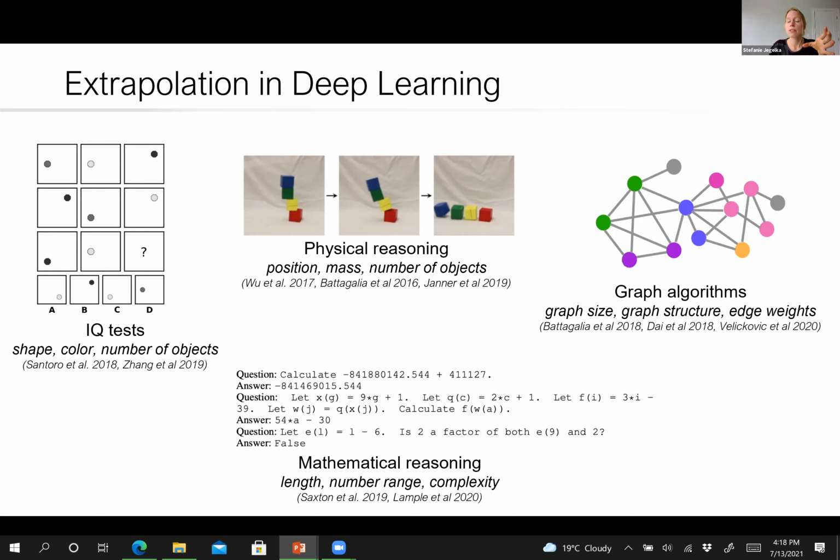So we were interested in what the network would do if I give it different distributions of graphs, meaning different degrees, different graph sizes, different structures, etc. But what I'll be telling you, the main ideas hold for these other tasks as well.